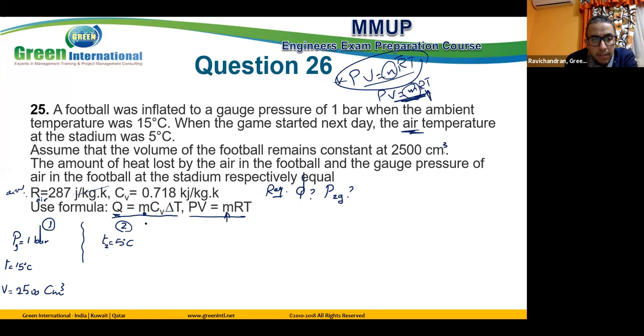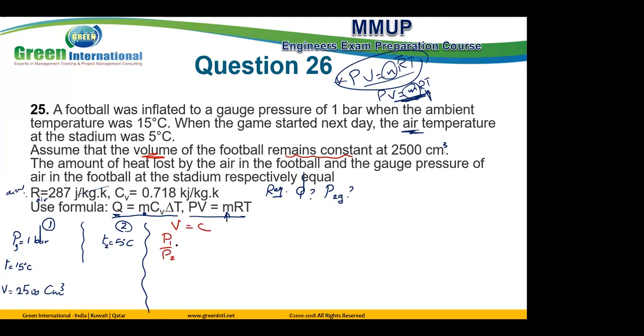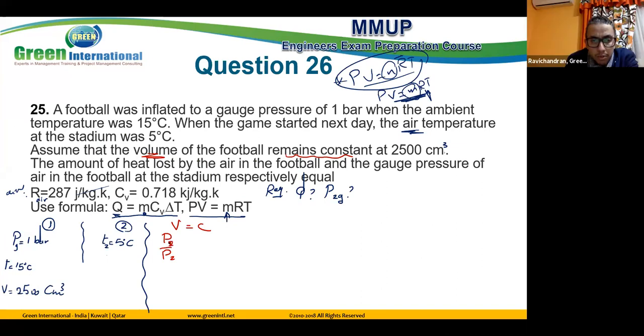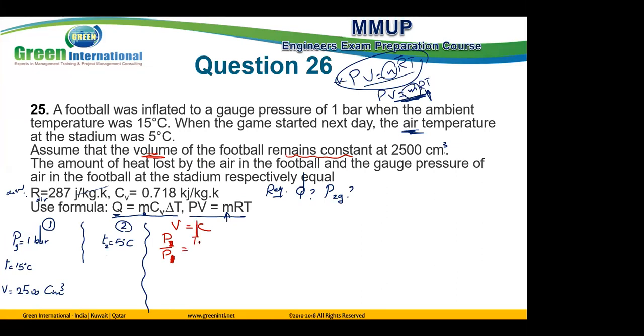Let's see. First, P2 gauge. This is an easy one. He gives you constant volume, so I use this rule: P1 over P2, or I can start by P2. Yes, P2 by P1 is better, equal to T2 by T1.